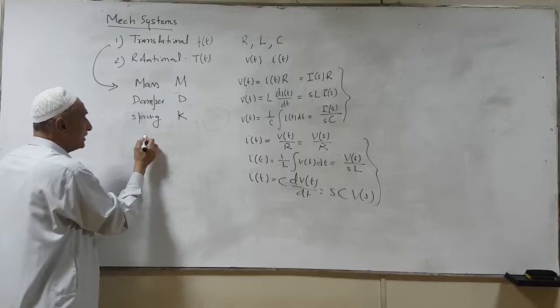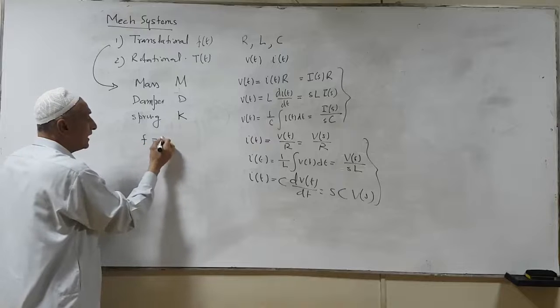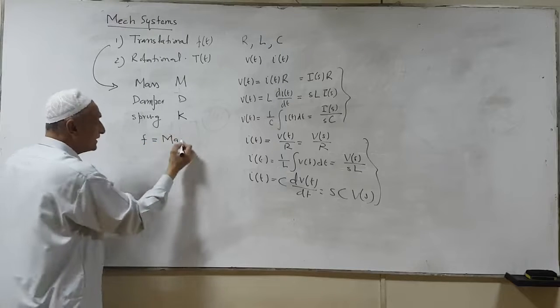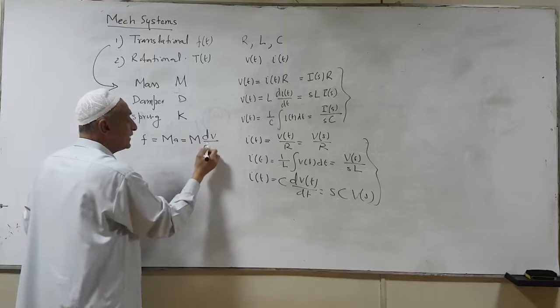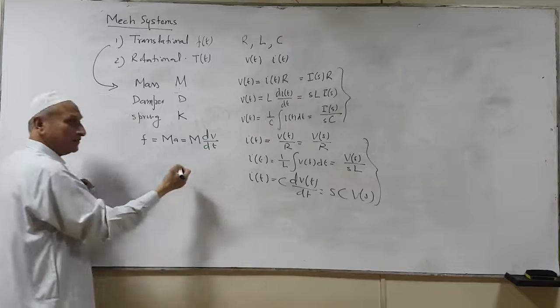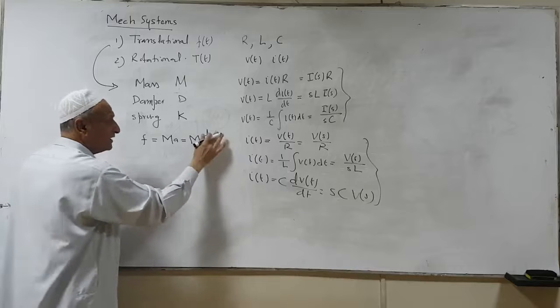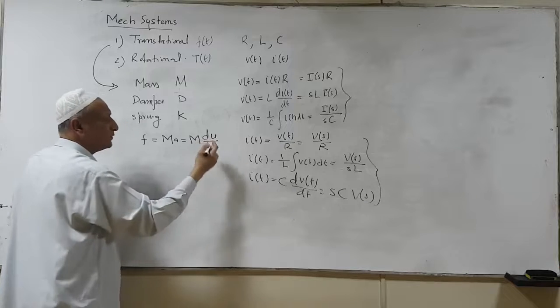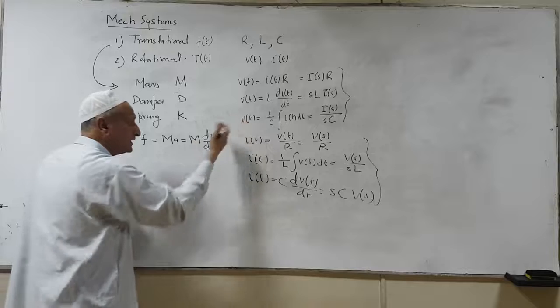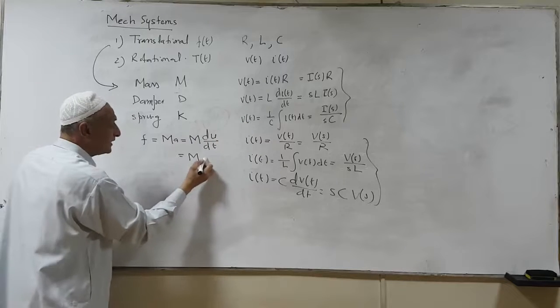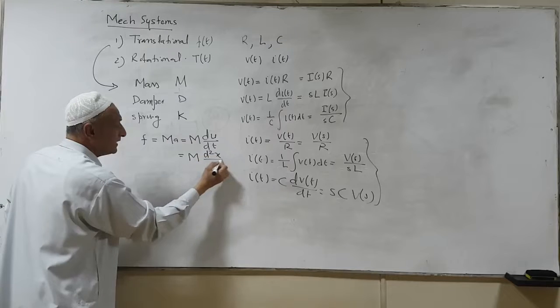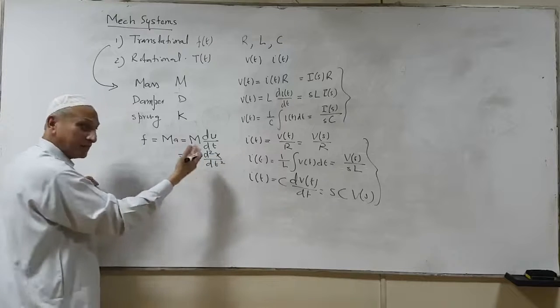Now, in terms of the Newtonian force, we can form the governing equations. For the mass, we have F equal to ma, or m dv/dt, where v is the velocity. I'll just call it u, to differentiate between this voltage v and the speed. Or I can put it as m d²x/dt², where x is the displacement.